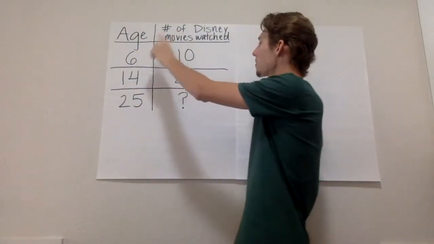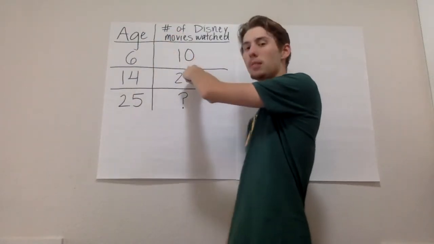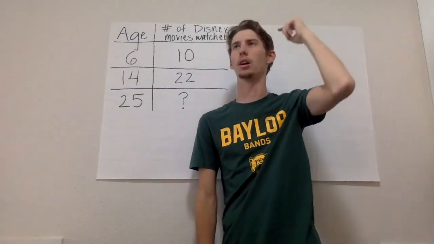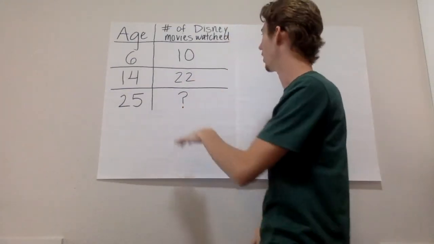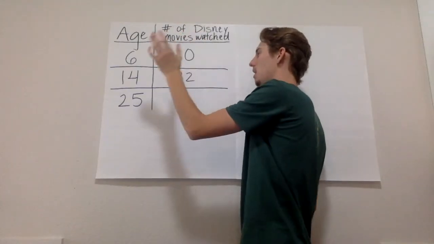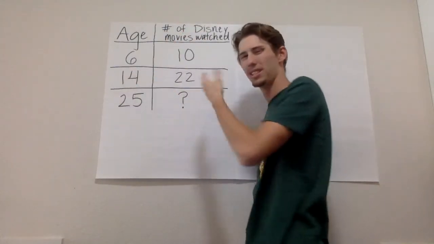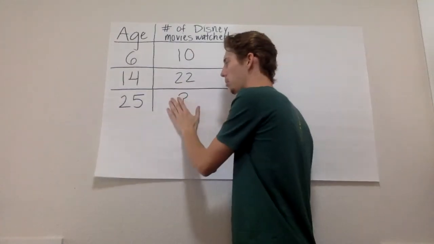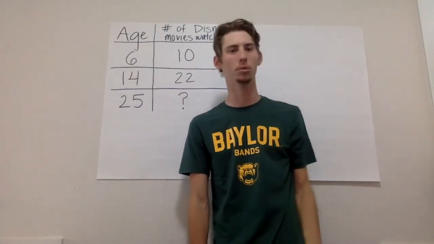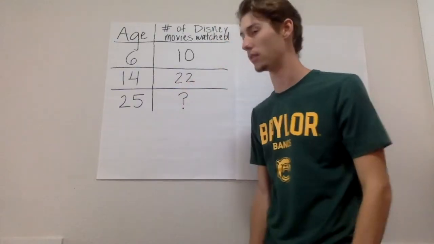When I was 6 years old, there are about 10 Disney movies that I specifically remember. I've probably seen more, but nonetheless, these are the ones I remember. And then around 14, I'd probably seen like 22-ish. So I'd love to know approximately how many I will probably have seen by the time I'm 25.